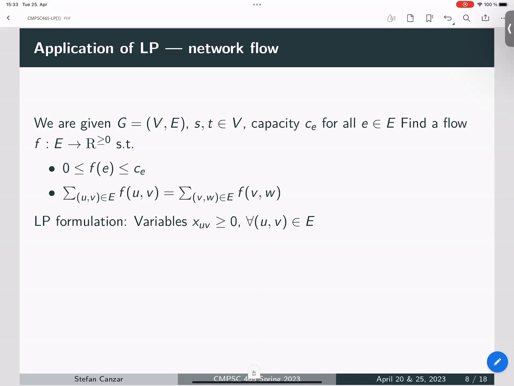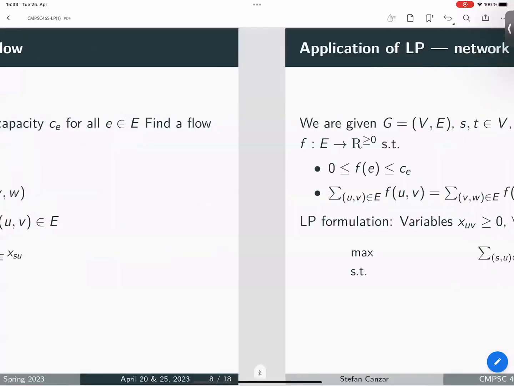Exactly. So we sum all x variables that correspond to edges that leave the source vertex. So we simply sum over all x_su, where S is our source and su is an edge in our network.